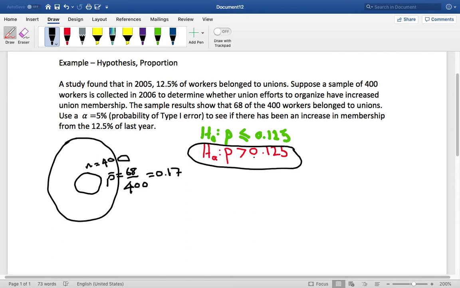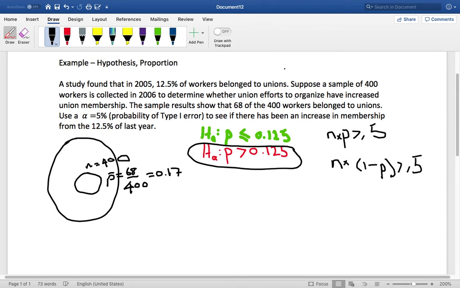However, before we proceed, we ought to check for proportions. We need to check if n times p is greater than or equal to 5, and we also need to check if n times 1 minus p is greater than or equal to 5.